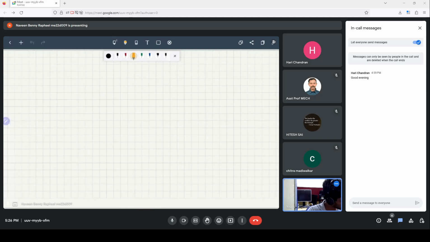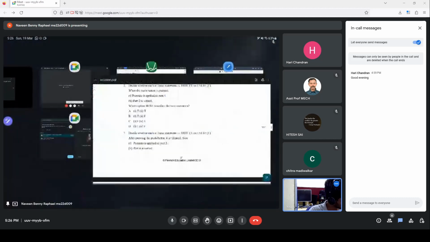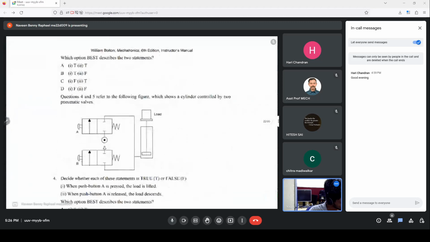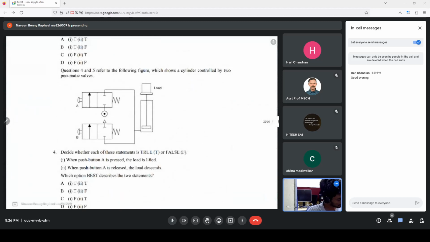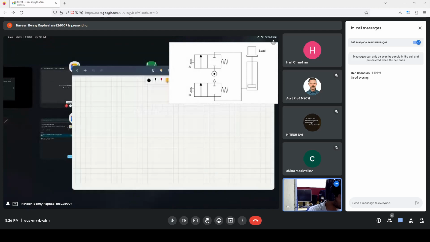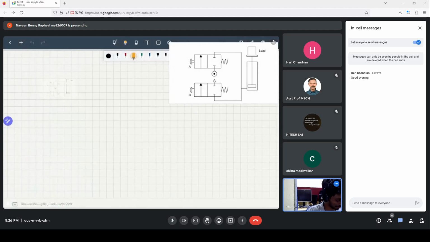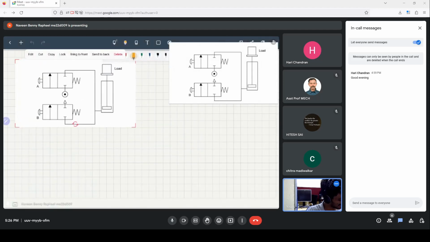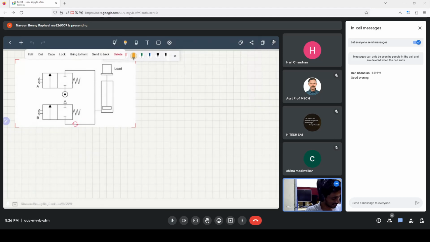Then we have another question kind of like this. Give me a second. Earlier, I decided to read out the question, and I thought I wouldn't have to put the questions in the paper, but I guess it's better this way.